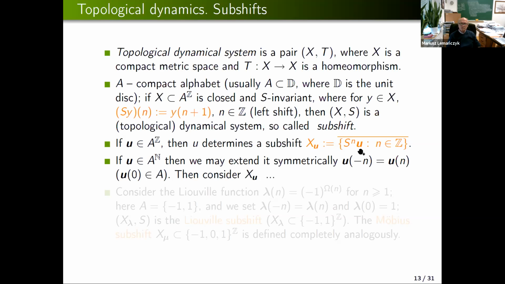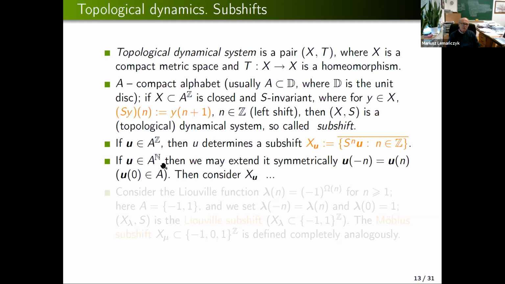For this sequence, I can take the orbit via the shift. So I take all left shifts and then right shifts. Okay, so I obtain a certain set, which is of course invariant. Orbits are invariant, and then I take the closure because S is a homeomorphism. So the closure is still S invariant, and it's closed. So that's a subshift which is determined by u.